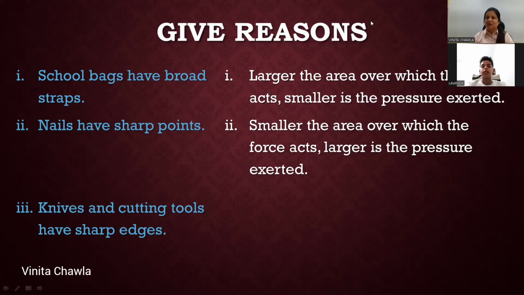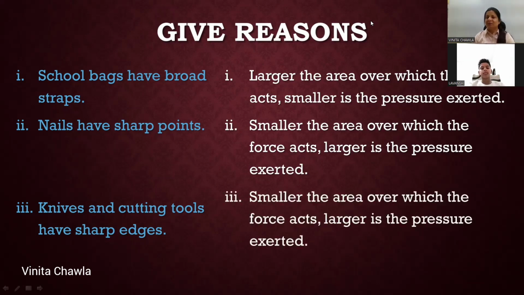More pressure will be exerted on the thing, and we can cut it very easily. But if the knife is blunt, then it is difficult to cut the vegetables and fruits and any other thing, right? Again, the same reason, smaller the area over which the force acts, larger is the pressure exerted, because we decrease the area to increase the pressure.